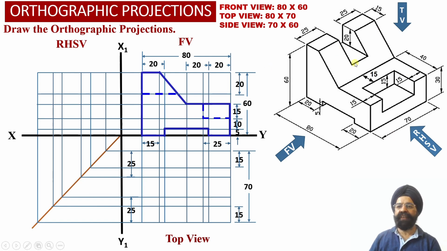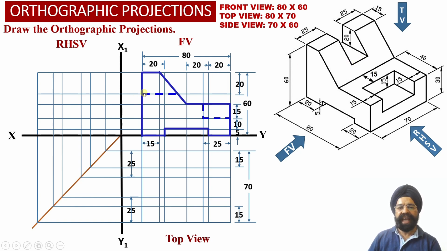But one thing we need to remember here, in the top view projection, this location has not been evaluated thus far. From the front view projections, we knew the starting point of this inclined surface and the end point of the inclined surface, but this location had not been provided to us.